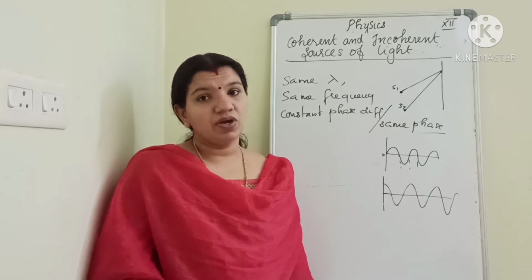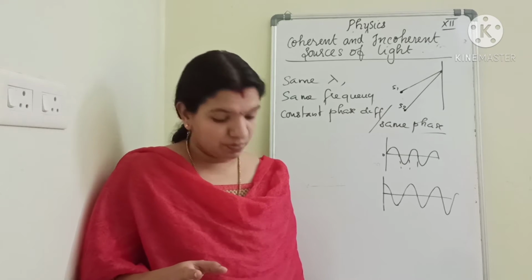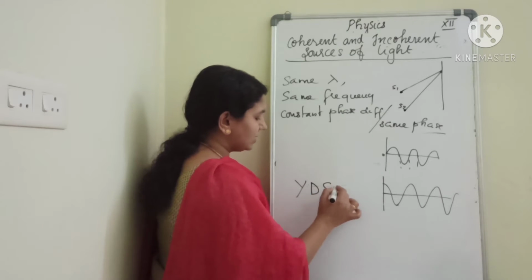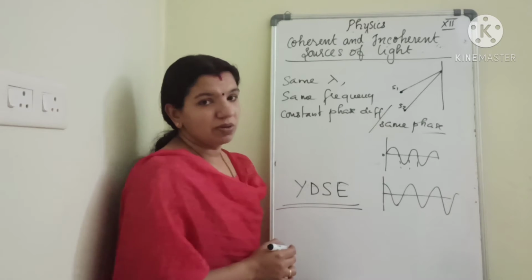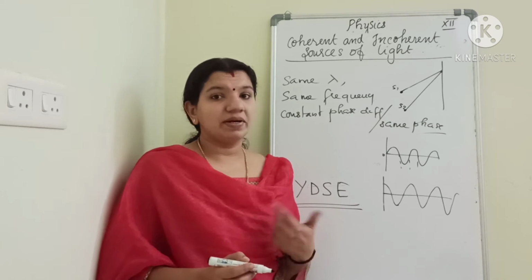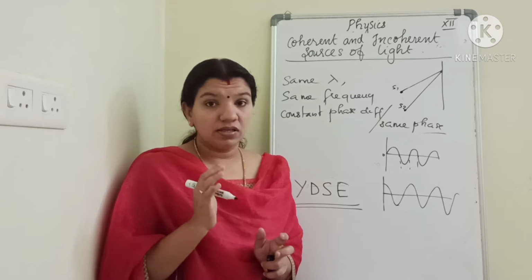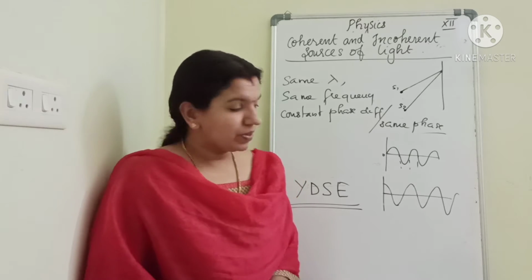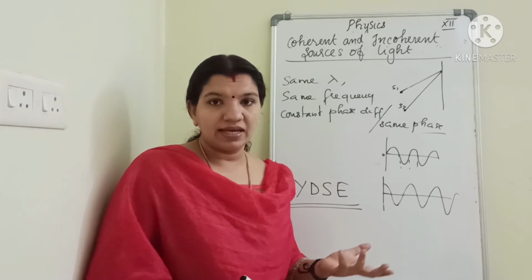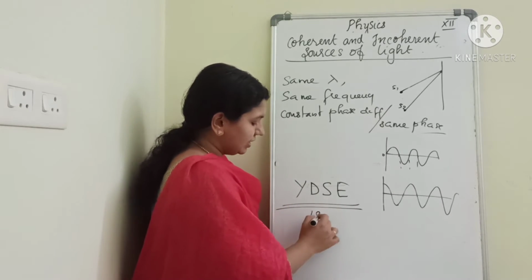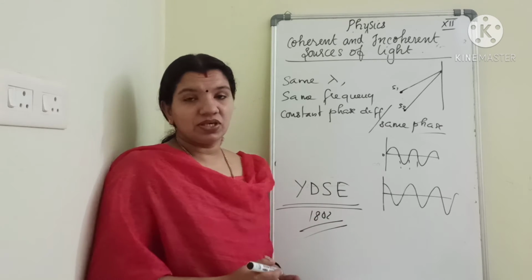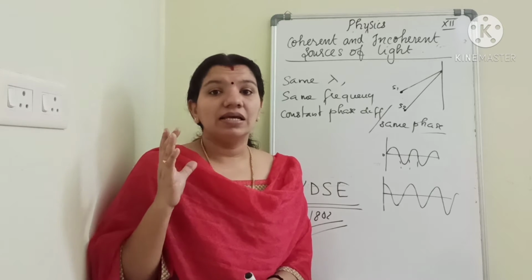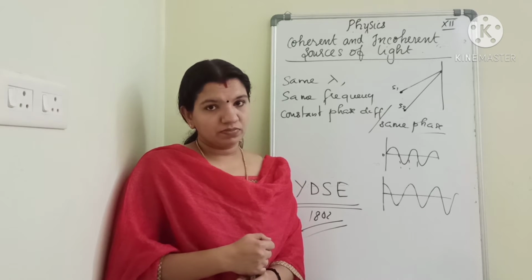And the experiment that we are going to study, one of the most important experiments, is Young's double slit experiment. This word coherent sources will repeat again and again. That means coherent sources are needed to form an interference pattern on the screen. This is an experiment conducted by the scientist Thomas Young in the year 1802, which clearly describes the wave nature of light, in which we get an interference pattern on the screen.